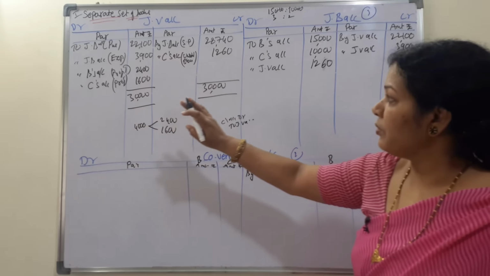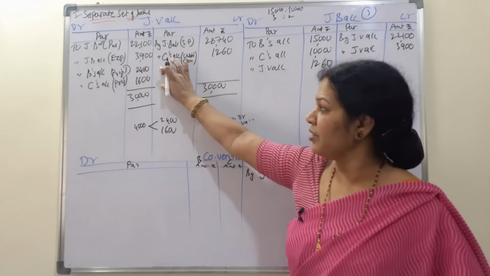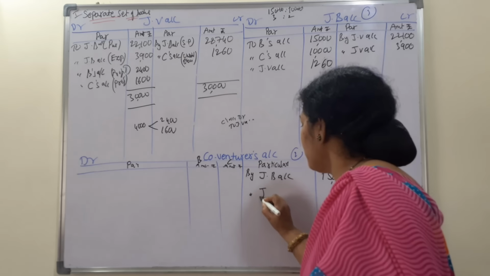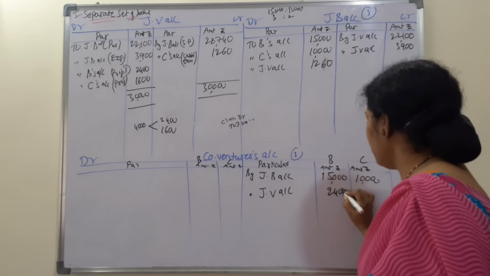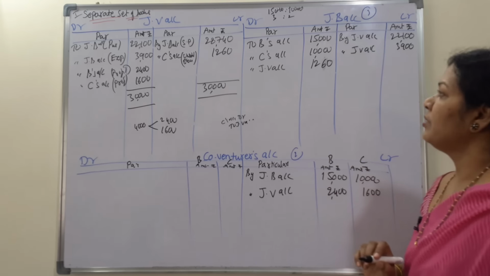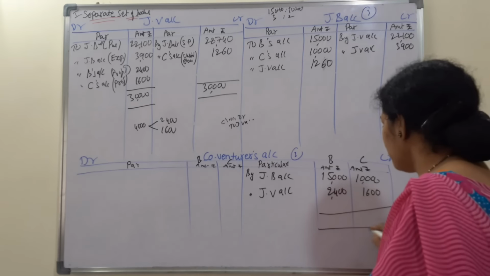In the joint venture account, we are finding B, C sharing of profits only, not anything else. So debit to credit, by joint venture account 2,400 and 1,600. Nothing else. So we'll close these accounts.